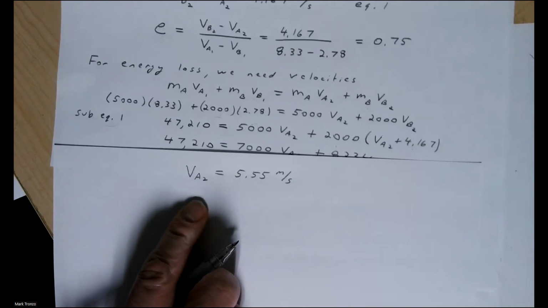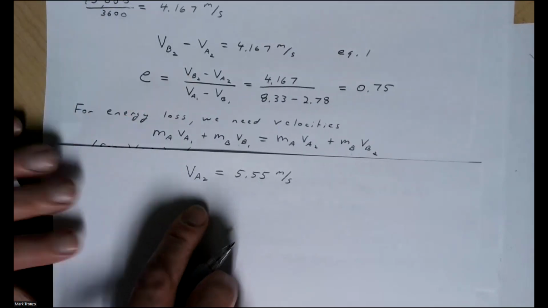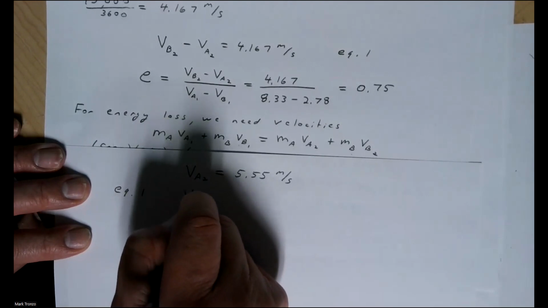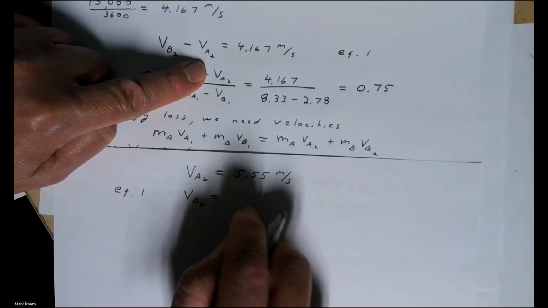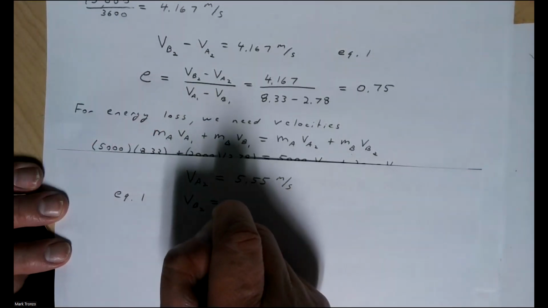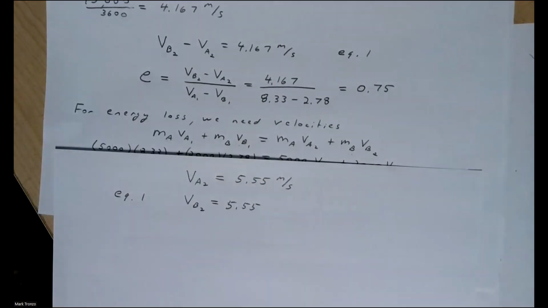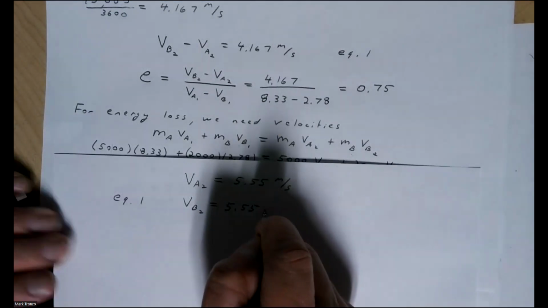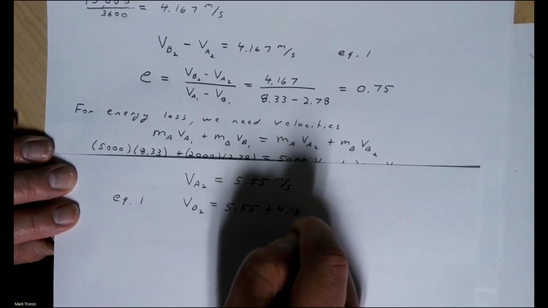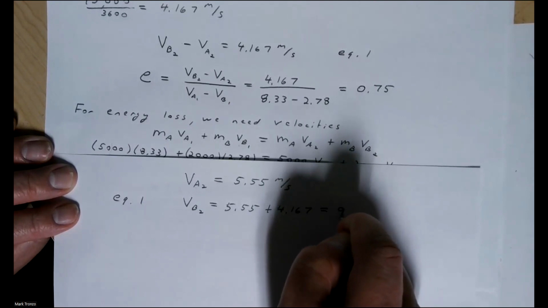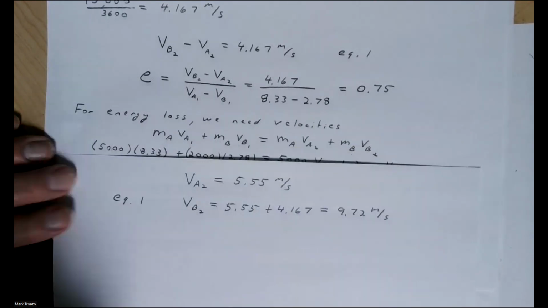And if we substitute that back into equation 1, bringing VA2 to the right, we get VB2 of 9.72 meters per second.